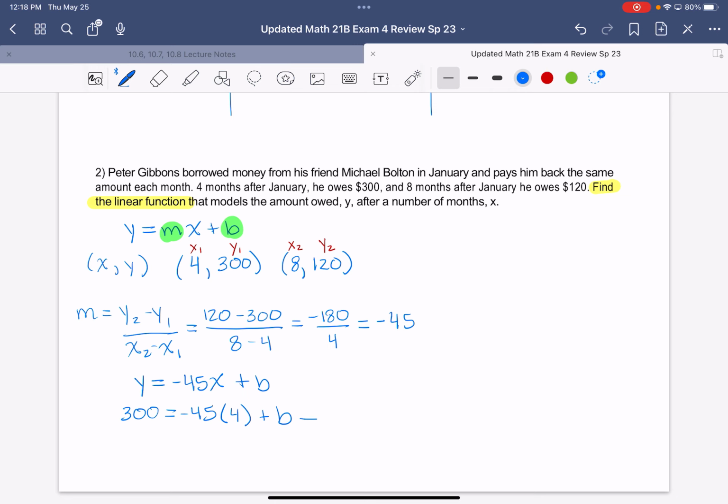I'm going to carry this over here because I'm running out of space. So 300 equals negative 45 times 4. I'm going to simplify this piece right here. Negative 45 times 4 is negative 180. And then you still have the plus b.